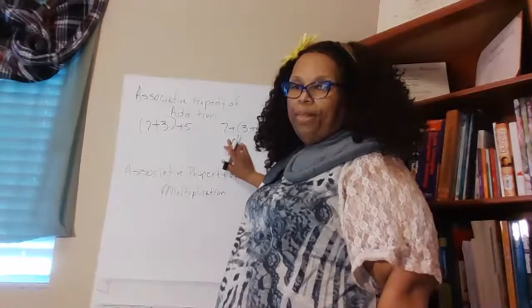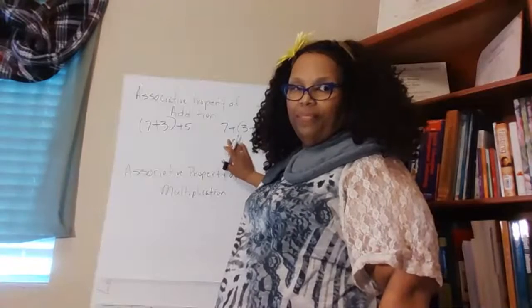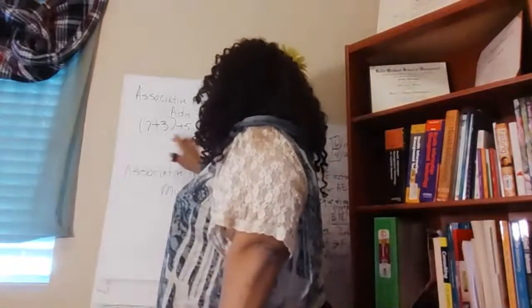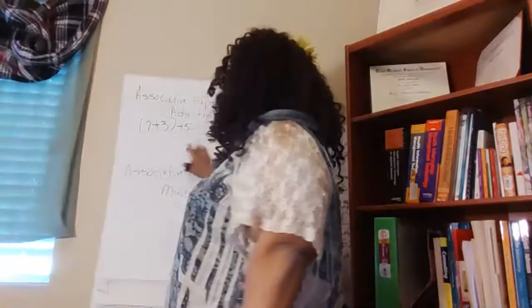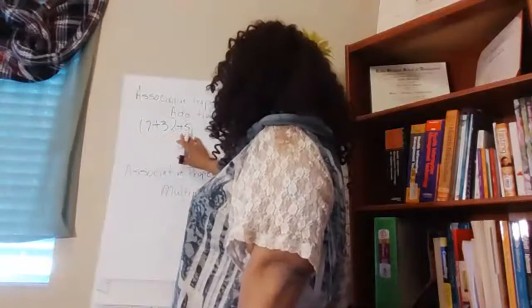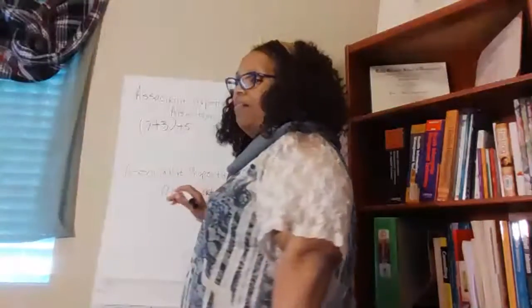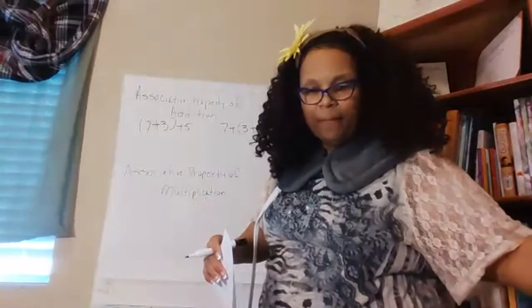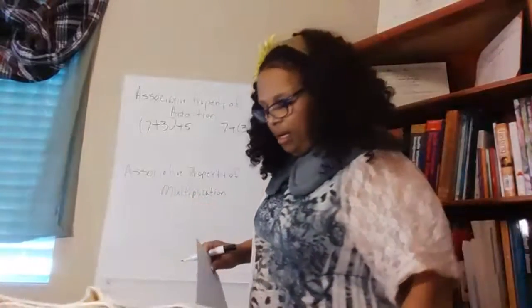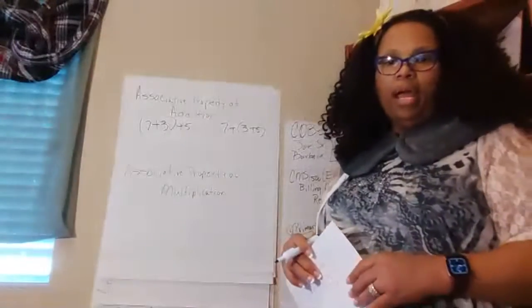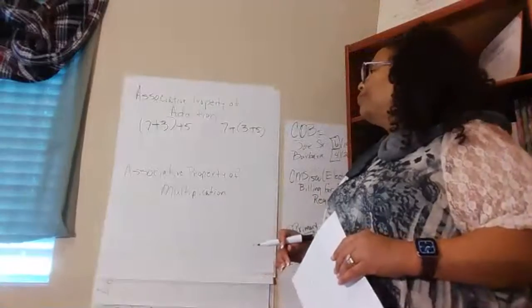Okay. Now, they basically look the same in order. You have 7, you have 3, you have 5 on this side. You have 7, you have 3, you have 5 on the other side. Okay, so I'm going to kind of step back here so you can get a full view of what I'm talking about on the board.